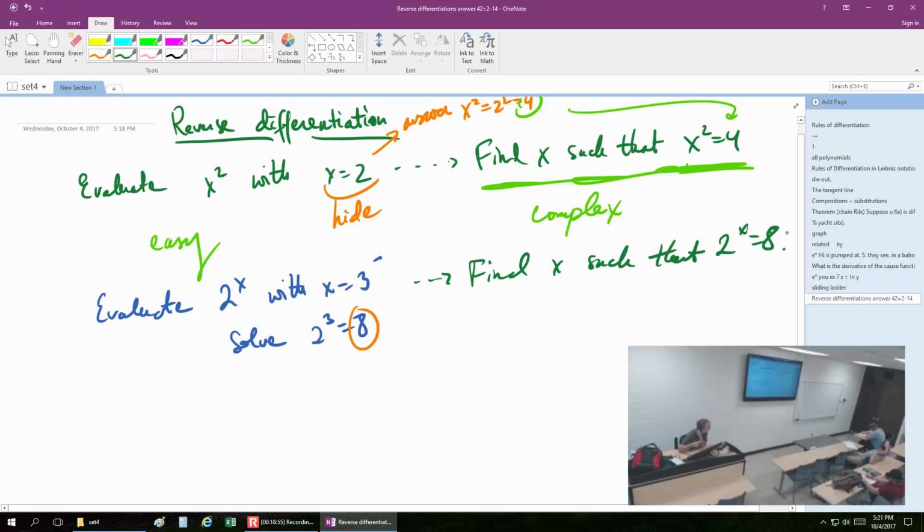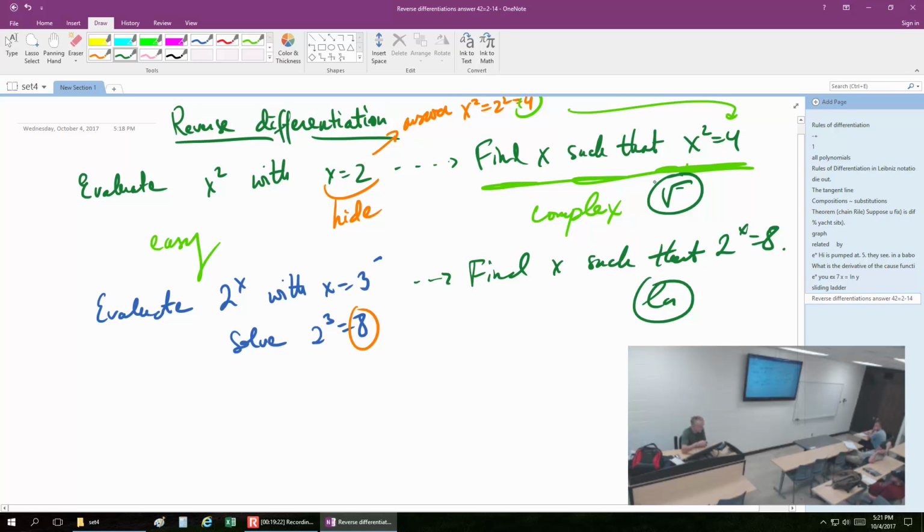Imagine that you haven't solved the problem on the left. The second problem would be somewhat of a challenge because you'd have to actually remember what number I raise 2 to so that it gives me 8. That might take time to process. And that's actually how logarithms come up. In the first line, the square root appears as a new function because you want to learn how to solve those problems.